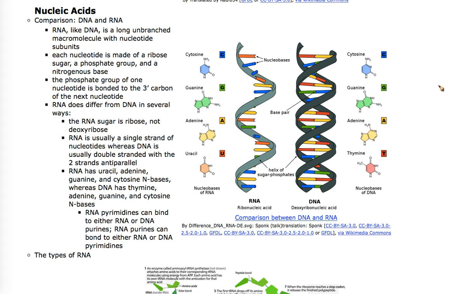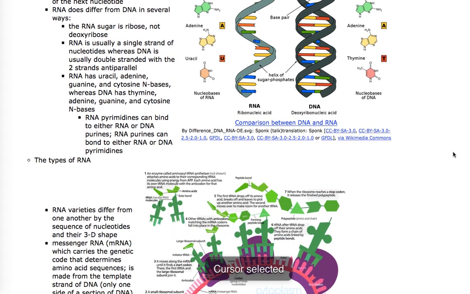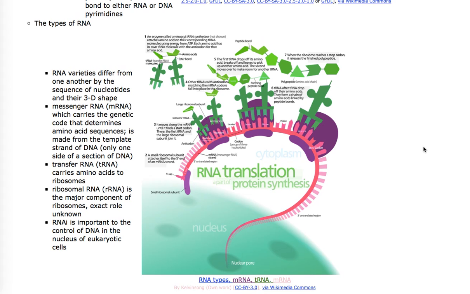RNA comes in three flavors. Let's go ahead and scroll down here a little bit and bring this up. All RNA is actually made of the same single-stranded, uracil-containing, ribose-backboned nucleotides, but it turns out there are more than that, but three basic types of functional RNA.